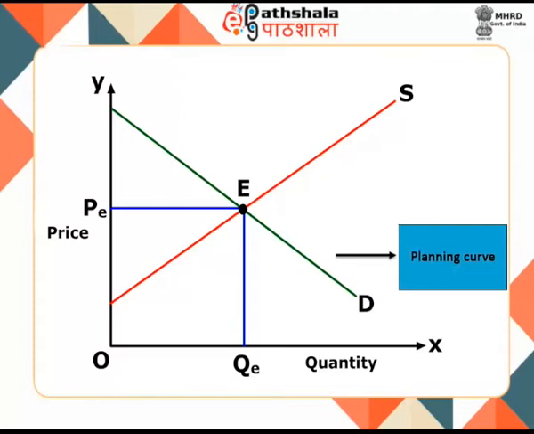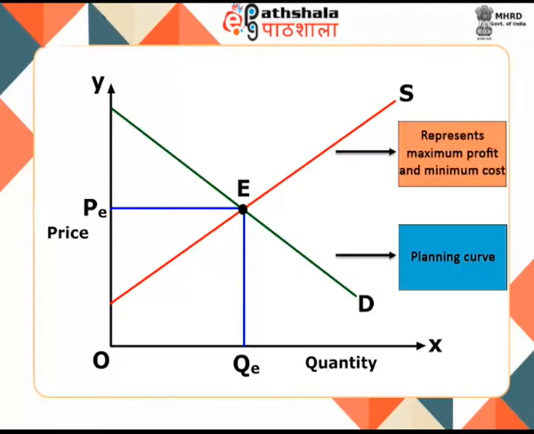At every point on the supply curve, producers attain equilibrium in the sense of maximizing profit or minimizing cost. Since point E lies on both demand and supply curves, consumers' and producers' equilibrium coincide.